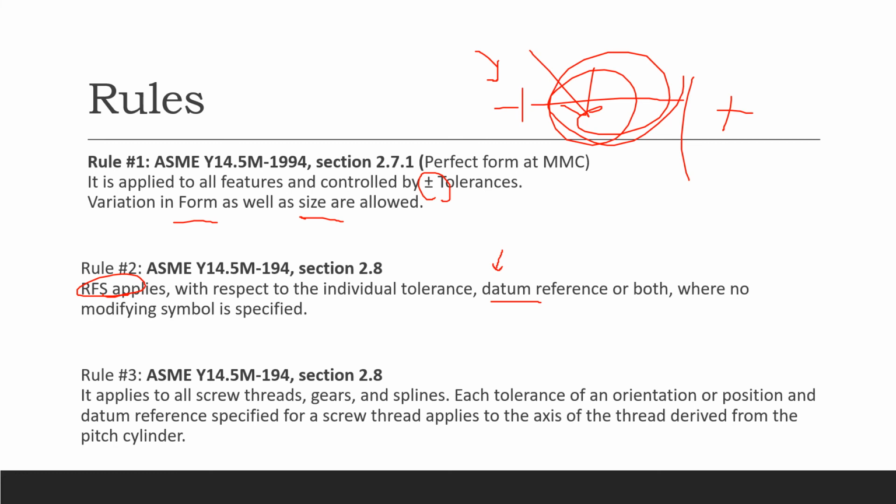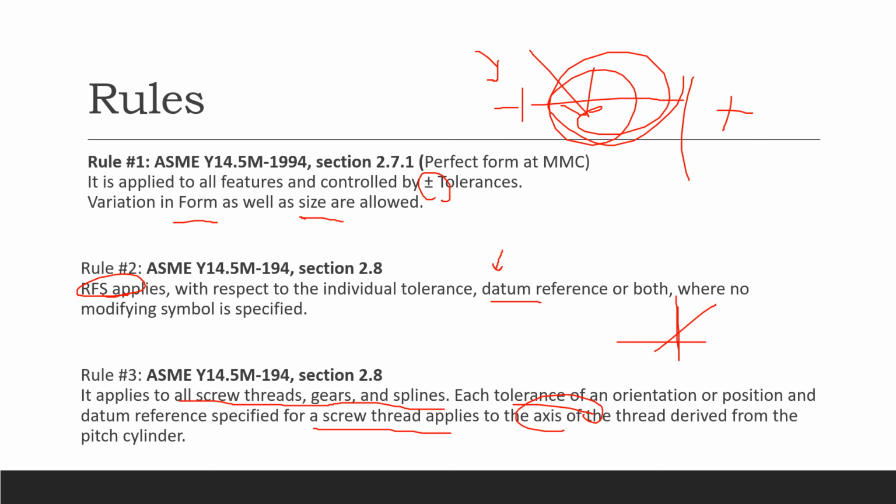Then rule number 3 applies to all screw threads, gears, and splines for measurement. Each tolerance of orientation or position, and datum reference specified for the screw thread applies to the axis again. If you think about the screw, there has to be an axis of that screw to go in anyway, of the threads derived from the pitch assignment.